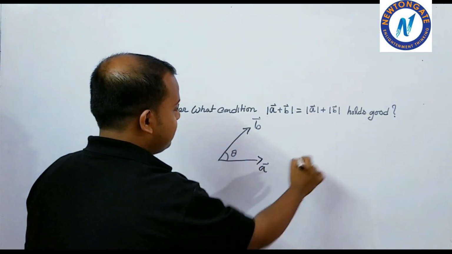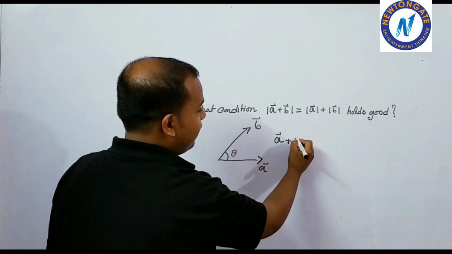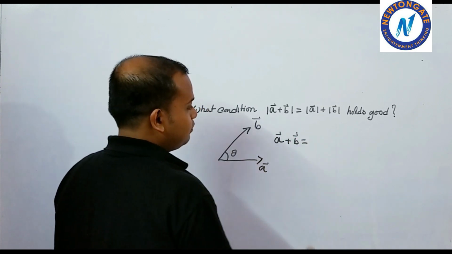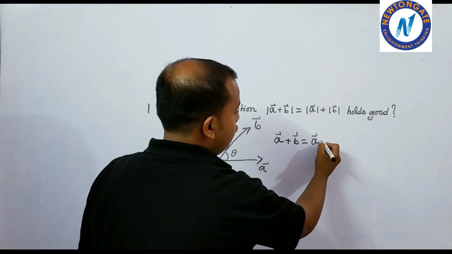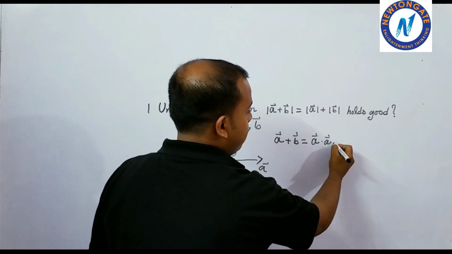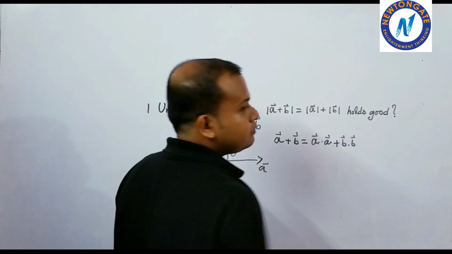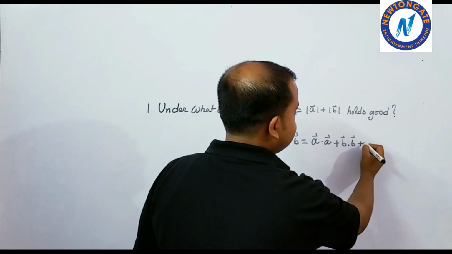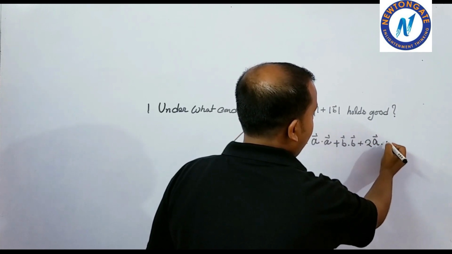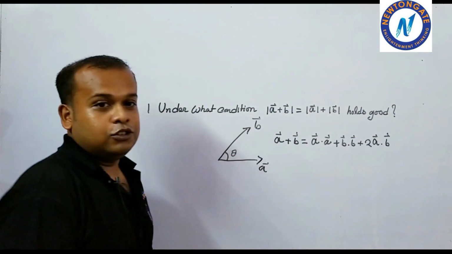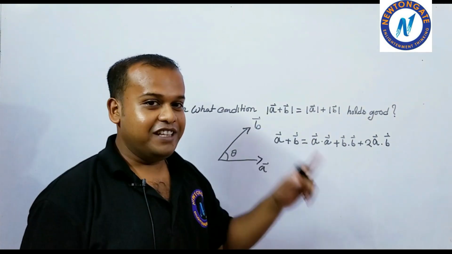It is given by A vector plus B vector, which is equal to A vector dot A vector plus B vector dot B vector plus 2A vector dot B vector. So this is the vector representation of the resultant of these two vectors.